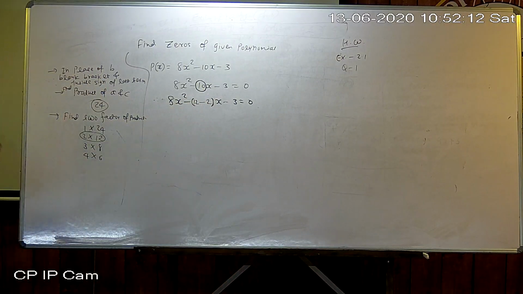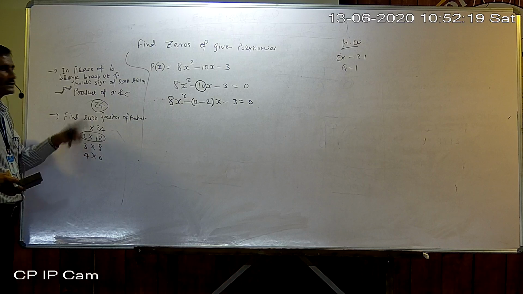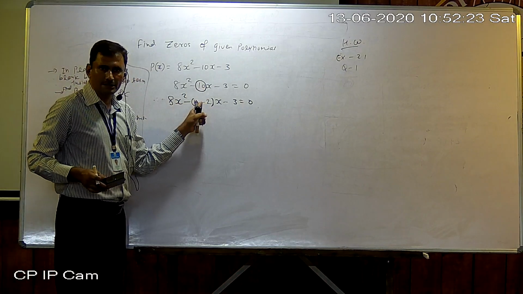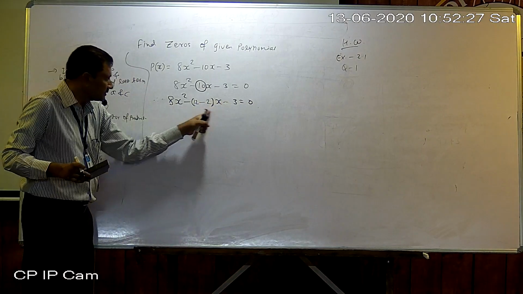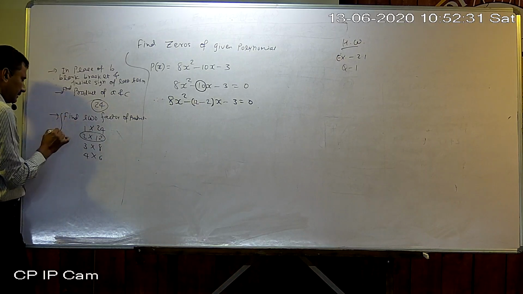Then find the product of the first and last term. Then find two factors of that product so that you get the required number either by addition or by subtraction, according to the last term sign. Okay. Sometimes that part becomes long.